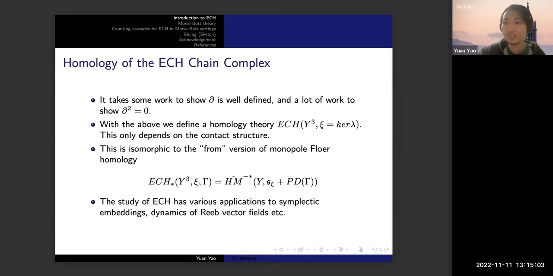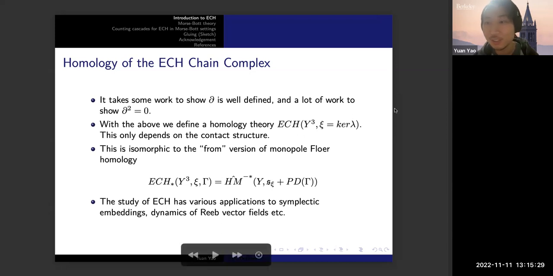And let me just say, the reason we've been talking about currents instead of just J-holomorphic curves is precisely because ECH is related to this gauge theoretic invariant. But once you have this, you're essentially in business because you can import a lot of results from gauge theory to symplectic geometry via ECH, and this gives you a lot of applications to symplectic embeddings and dynamics of Reeb vector fields, et cetera, et cetera. Okay, that's my introduction to ECH.